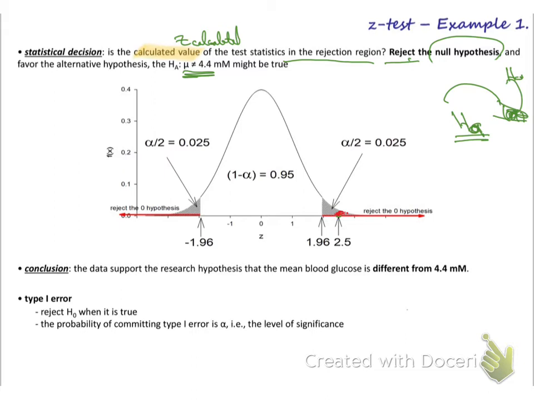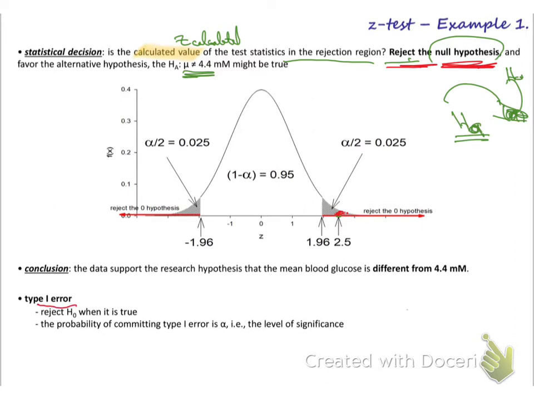Although we have rejected the null hypothesis, there might be something which is true in it. So when we rejected it, we have a small percent, maybe 1%, 0.5%, whatever the percentage is, which might be true. So by rejecting the null hypothesis, we may also reject something which is true. That's why it's called type 1 error.